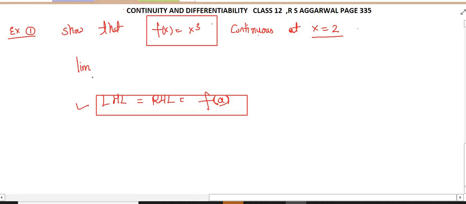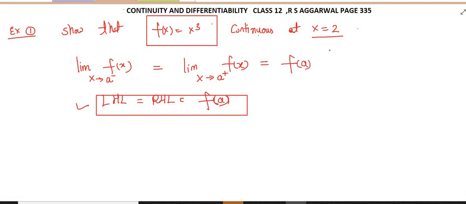So left hand limit is represented as limit x tending to a minus of f(x). Right hand limit is limit x tending to a plus of f(x), and the functional value at the same point at which we are checking the continuity.